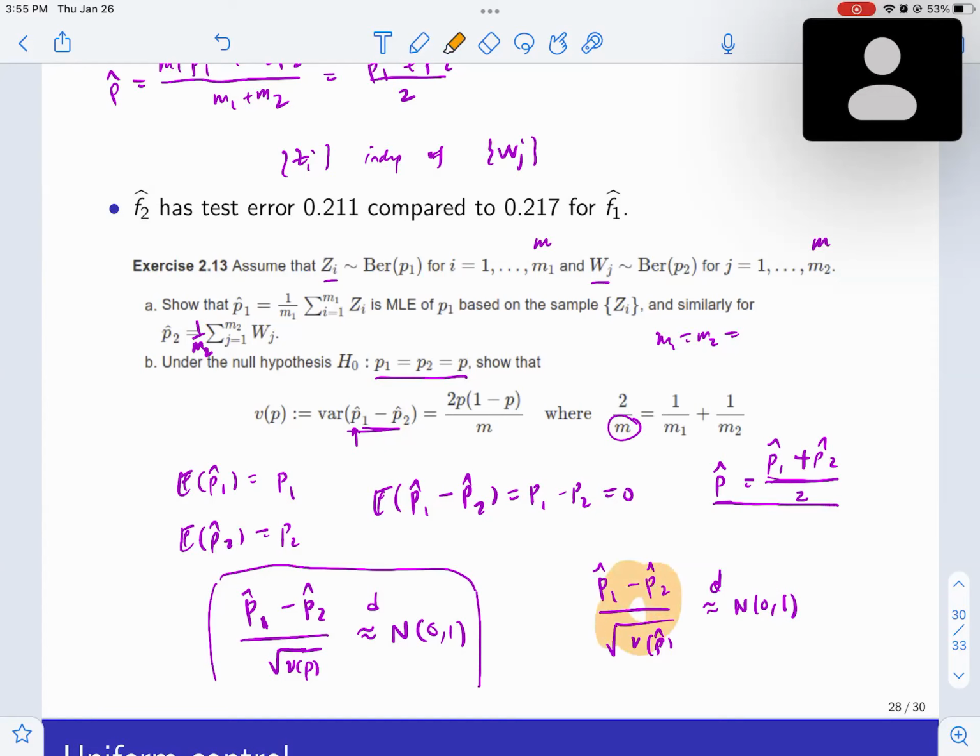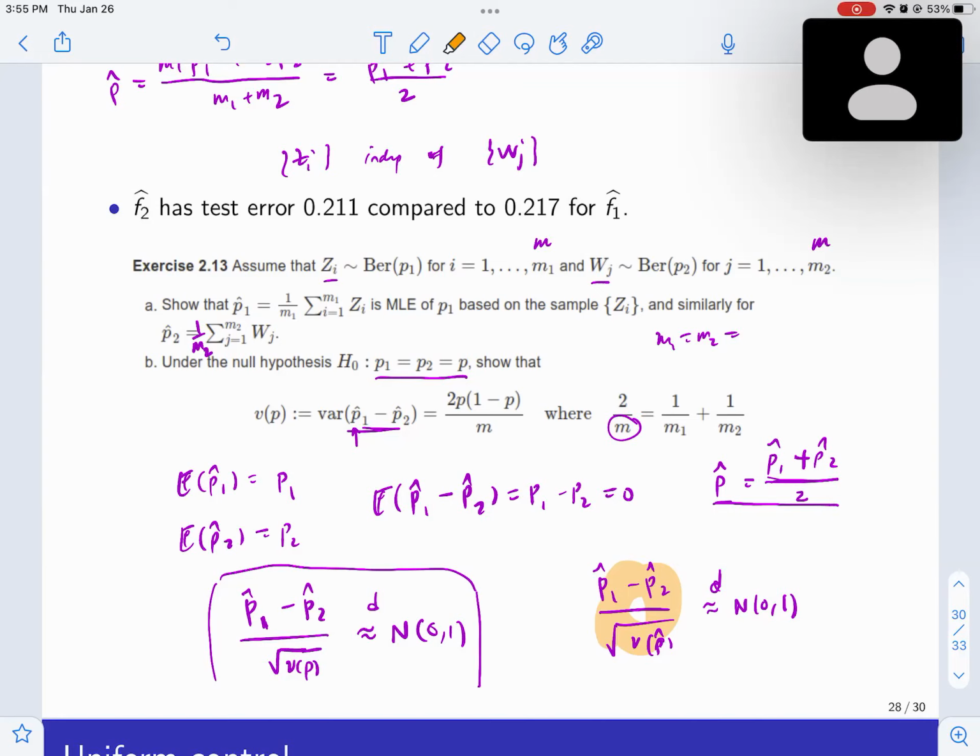Is something like this familiar to people? Have you done something like this before? No? Okay, it's a good attempt at the statistics.